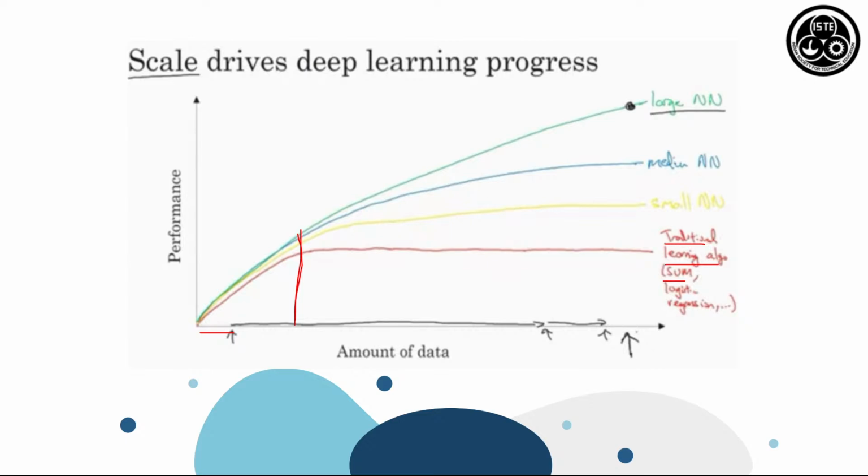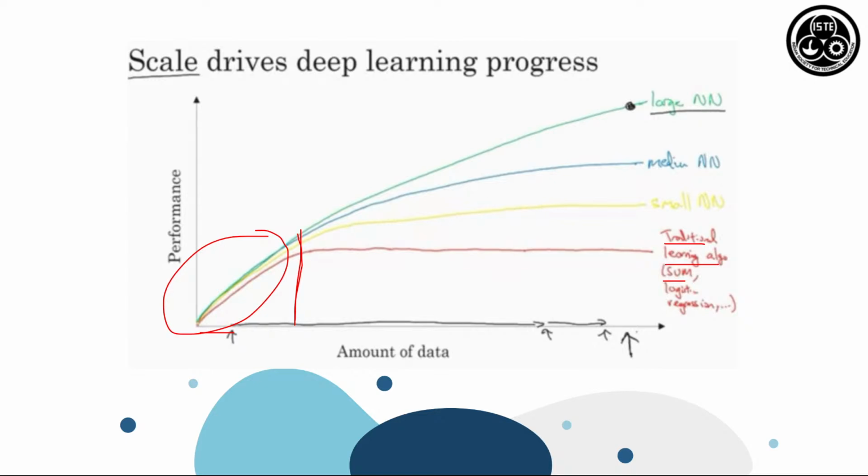But with a neural network, the more data you give it, the better it performs. So large neural networks with better and more data would perform much better than a small neural network with less data, or a machine learning model. Up to a certain extent they perform kind of equally, but after that, if the data is large enough, you can just close your eyes and go for neural networks. That's it. So this is basically why neural networks are preferred.